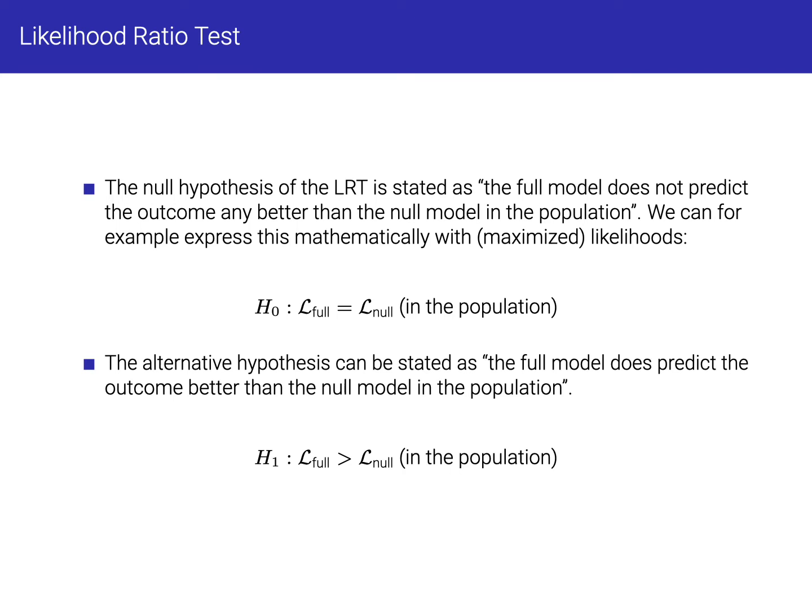Now we know that these likelihoods are actually transformed in order to make the test, because that's more practical. They're notably transformed into -2 times log likelihoods, in a metric that we call the deviance, which is -2 times the log likelihood.